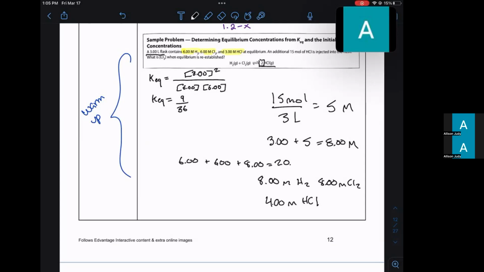what was that, Malcolm? Isn't the only thing that relies on, or is based on stoichiometric ratios, the change and not the equilibrium or initial values, right? Yeah.